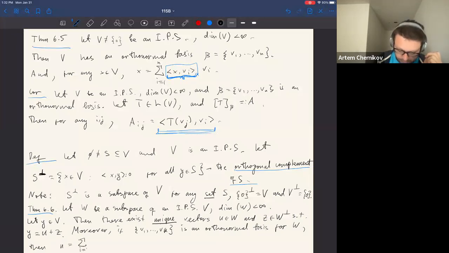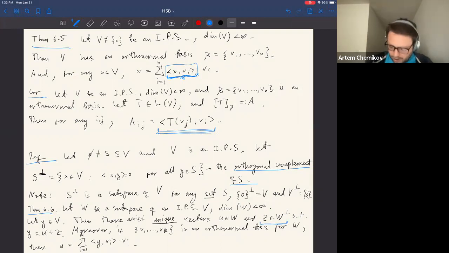So U is given by the sum over i from 1 to k of y inner product with vi times vi. Okay, so we have this formula for U, the component which is in W, and then Z is the corresponding component in the orthogonal complement.